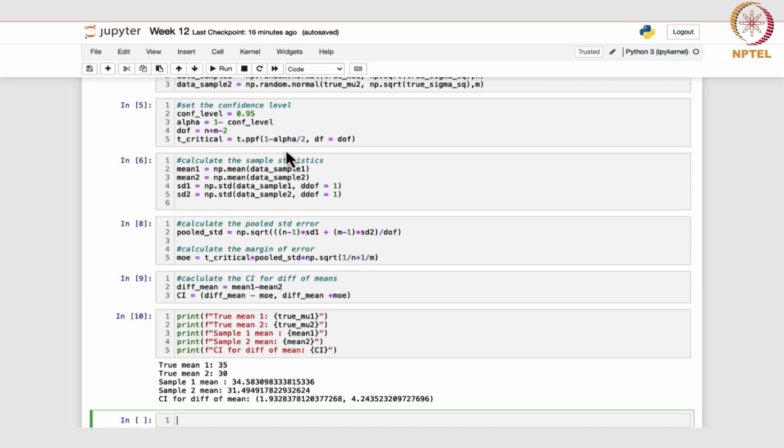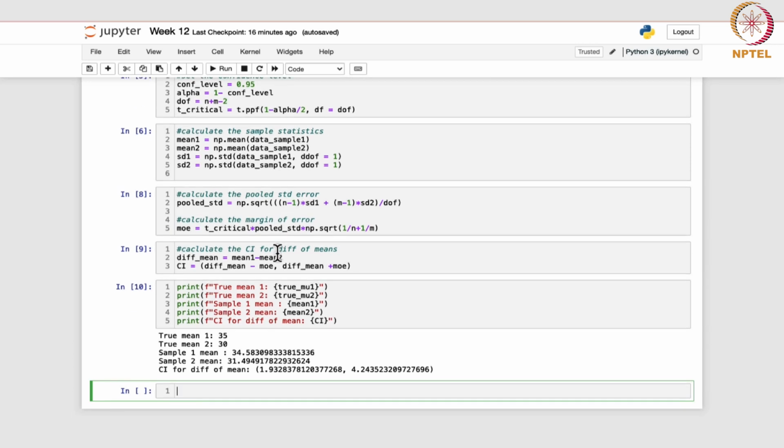So that is why we are writing 1 minus alpha by 2. Basically, this would find the t value that corresponds to the right tail probability of 1 minus alpha by 2. So it is the same thing. So don't get confused with this PPF function.